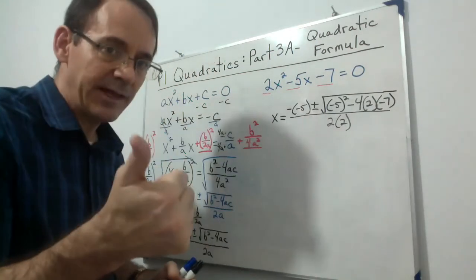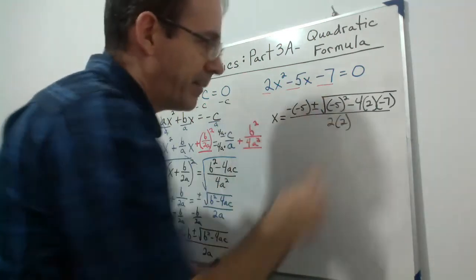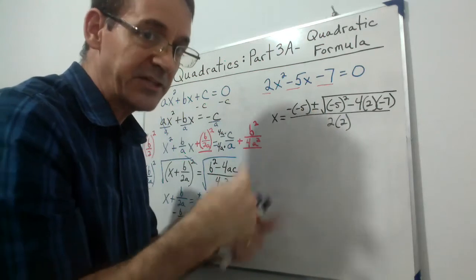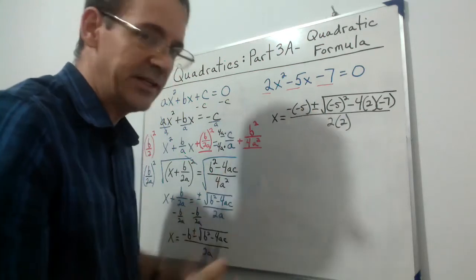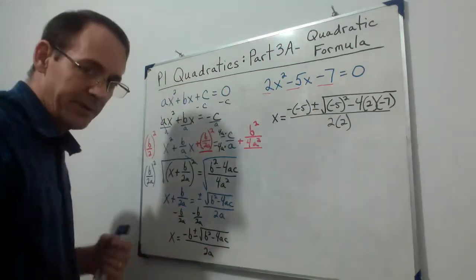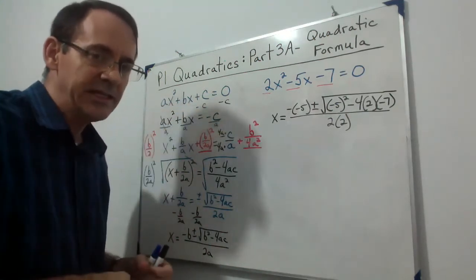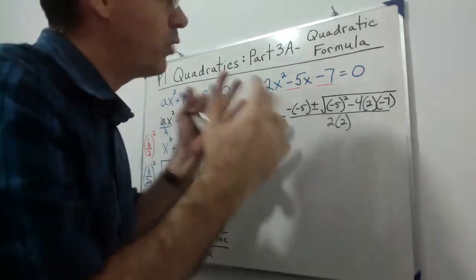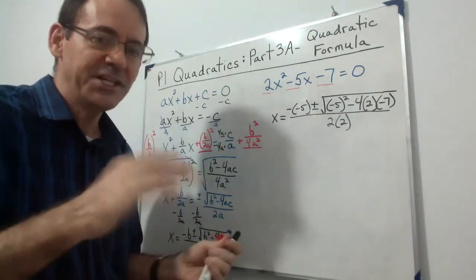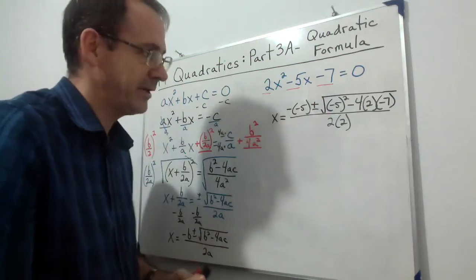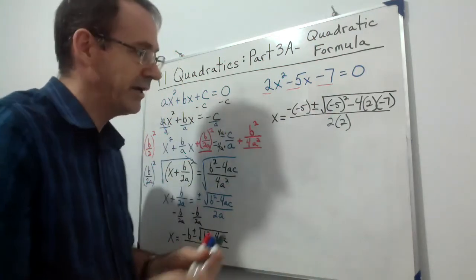So the calculator is an issue, your order of operations is an issue, your signs, especially numbers with negative signs, is an issue, not to mention you have to memorize the formula. So there's a lot of little technical issues in here that make the quadratic formula challenging for students because there are multiple areas where mistakes can happen. Now let's just assume that we're doing it right.